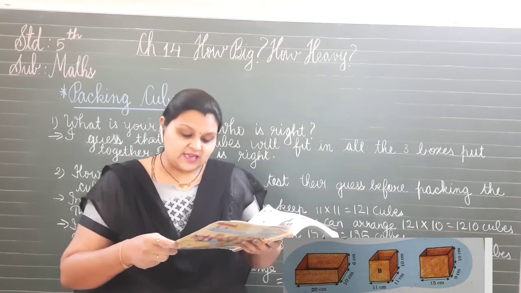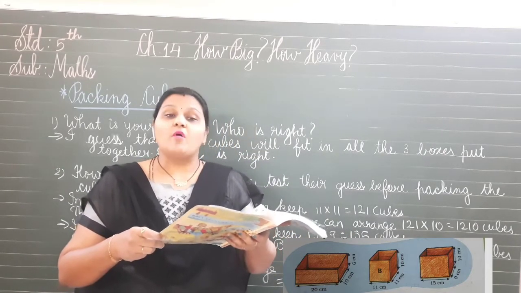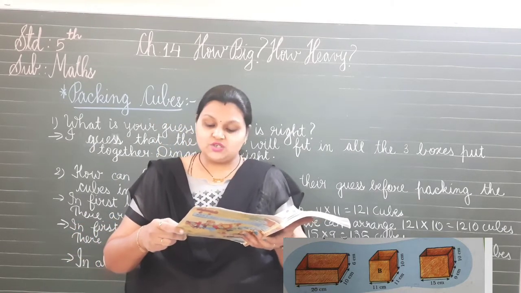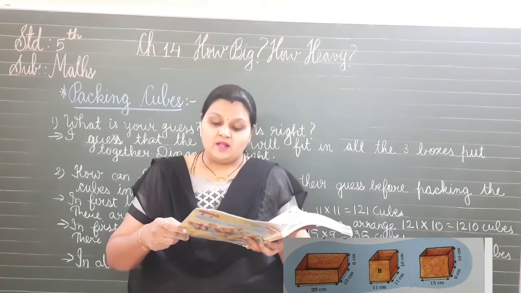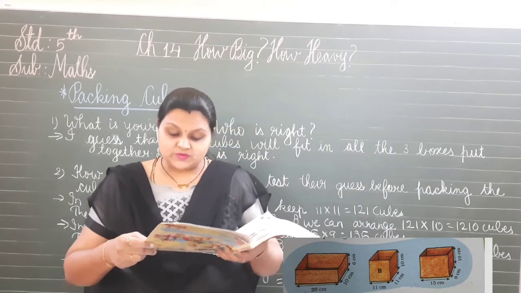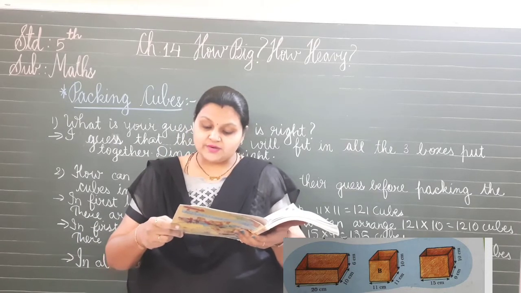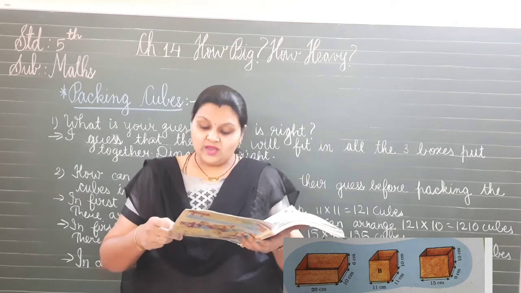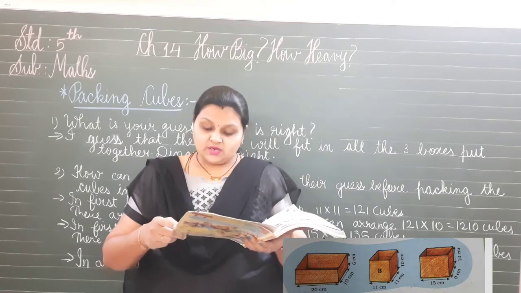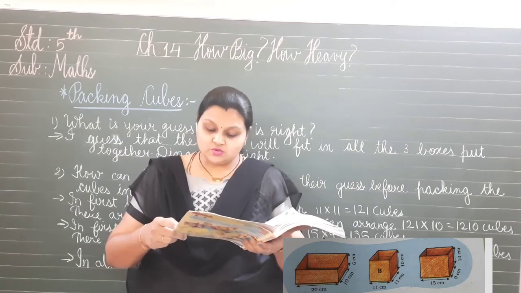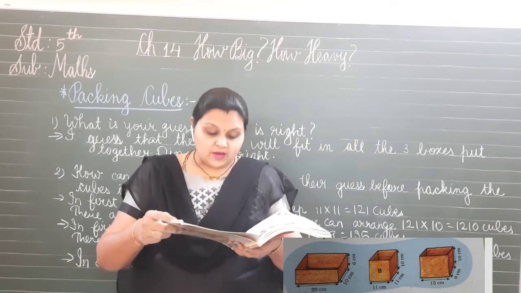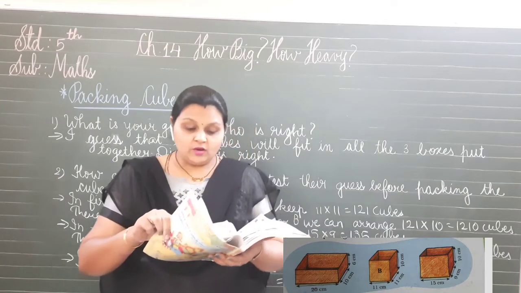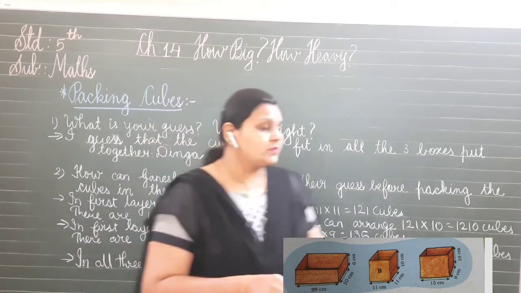Now Ganesh is saying, first look at box A. In the first layer, we can arrange 20 multiply 10, that is 200 cubes, and 6 such layers can be packed. So in box A, we can arrange 200 into 6, that is 1200 cubes. Now the question is, what is your guess and who is right?